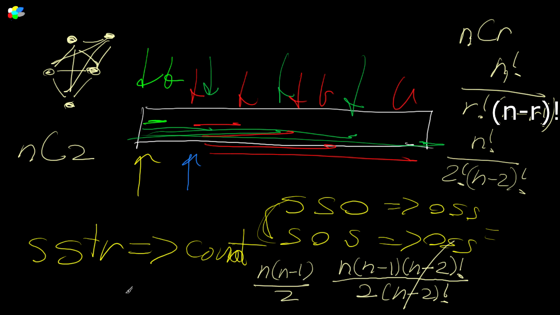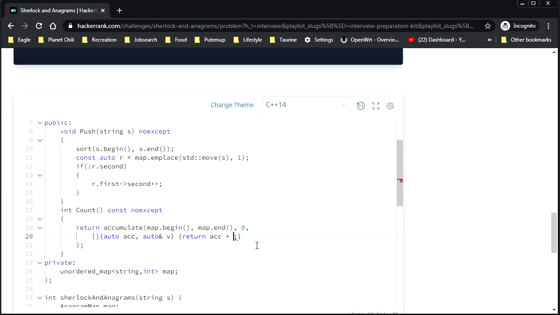So if we have n anagram signatures, this is the number of pairs that we can make with them. So we're going to return accumulator plus v.second, which is our n, times v.second minus 1.